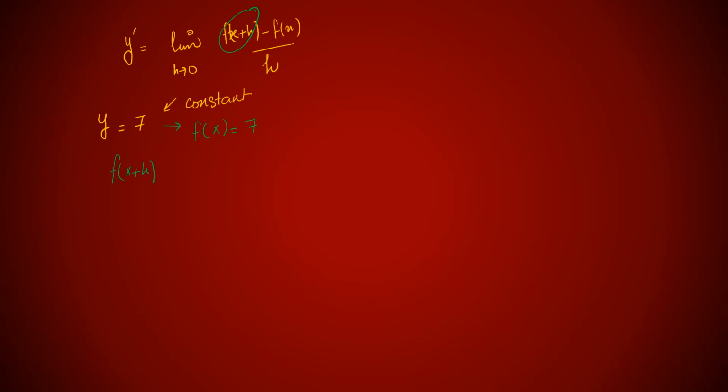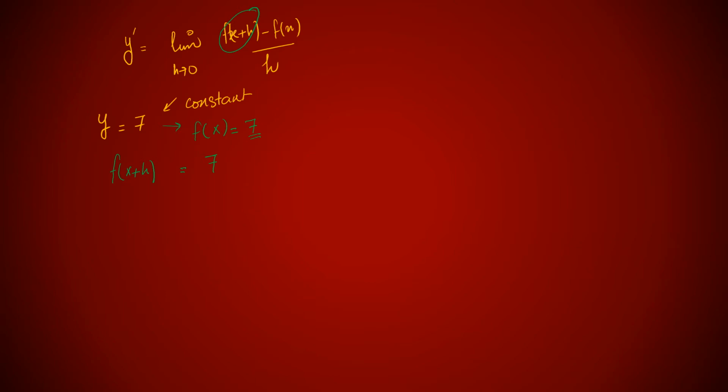Wherever we have x, we replace it by x plus h. But unfortunately, in 7 we don't have any x, so there is no place to replace x plus h. So just write down 7, because f of x plus h equals 7.